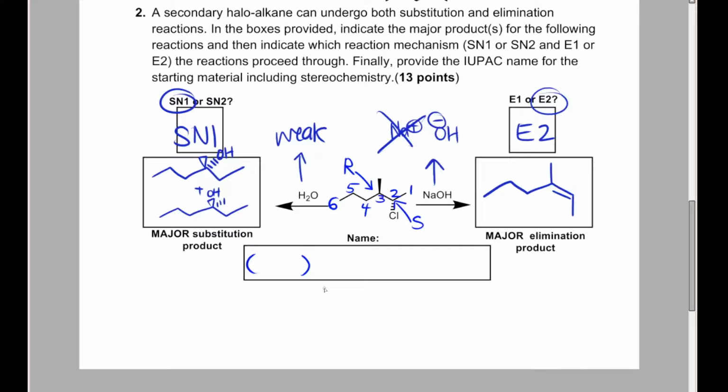And we just go in numerical order from the smallest number to the largest number. In this case, we're going to start with 2, which corresponds to this carbon that is attached to a chlorine. And we previously established that it's an S configuration. So I'm going to write 2S, comma, and then for the second part of this, we just write 3R, because we established that this carbon stereocenter is R configuration, and we numbered it as the third carbon in the parent chain.